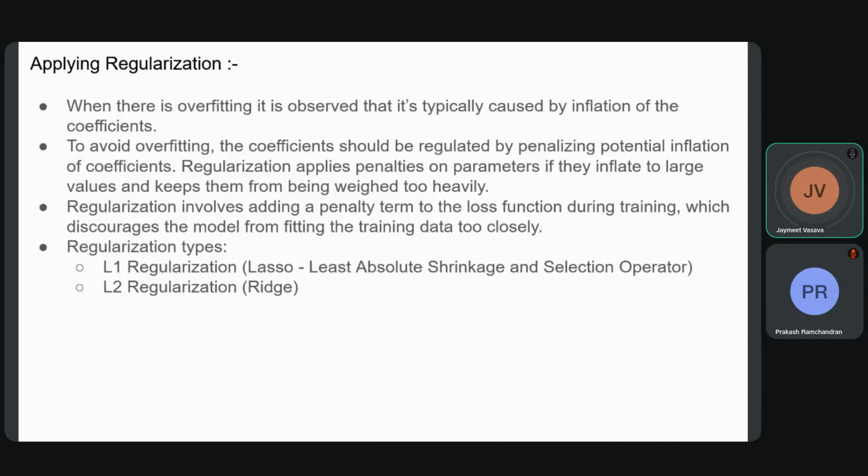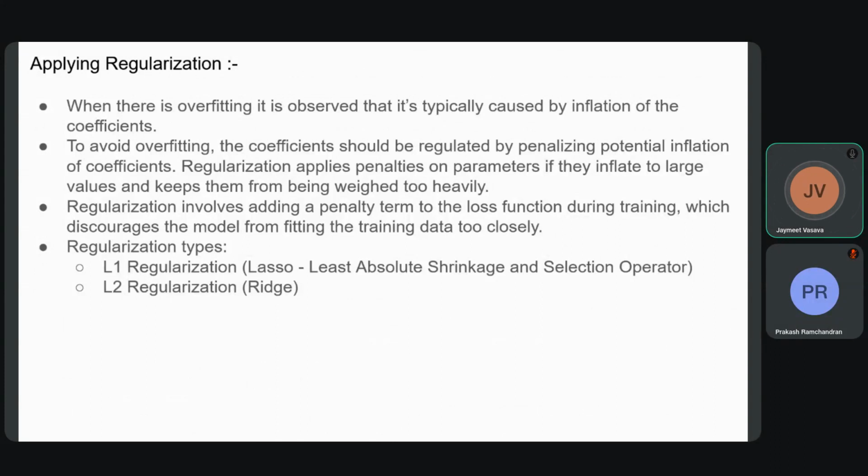When there is overfitting, it is typically caused by the inflation of the coefficients. To avoid overfitting, the coefficients should be regulated by penalizing potential inflation of coefficients. Regularization applies penalties on parameters if they inflate to large values and keeps them from being weighed too heavily.